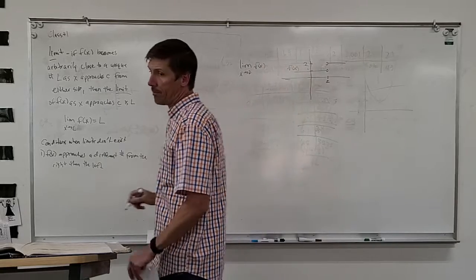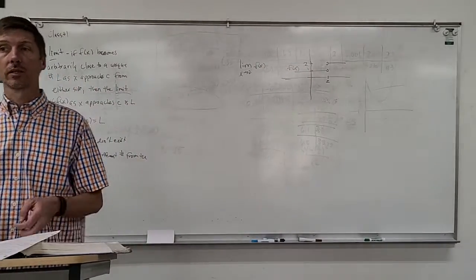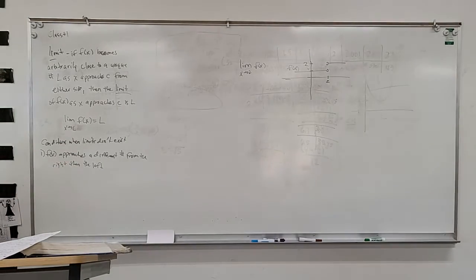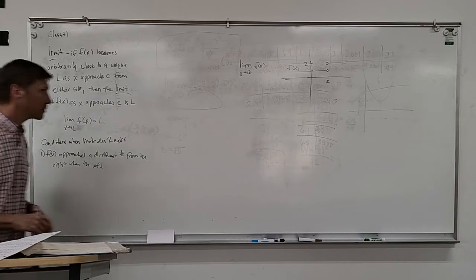Because the limit from the left is 1 and the limit from the right is 2, if as you approach from each side it's a different number, then there is no limit. Makes sense.